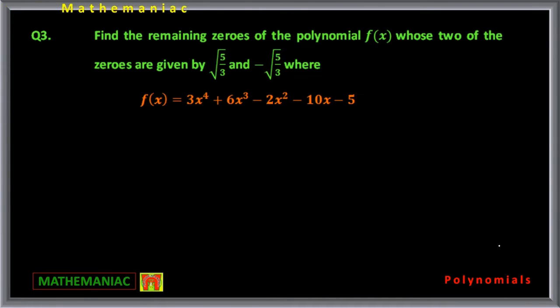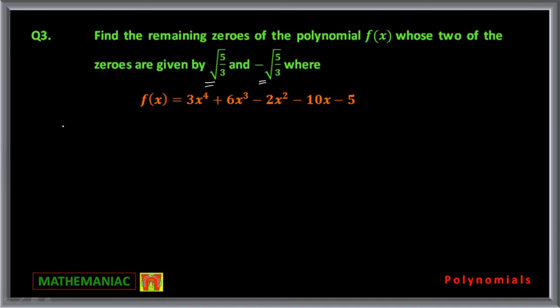Here is the next. Find the remaining zeros of the polynomial if this time the zeros are this, right? Now you see this time we have chosen complicated zeros. So as per the previous discussion, I'll write only the mathematical statements.